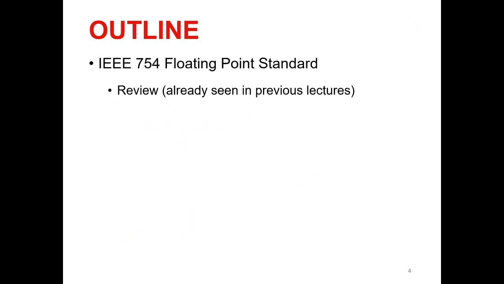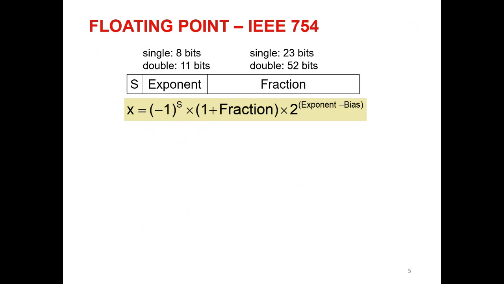Okay, so this is just a review of this standard. Let's start then. I think you have already seen this, maybe using another format, but basically the idea is the same.